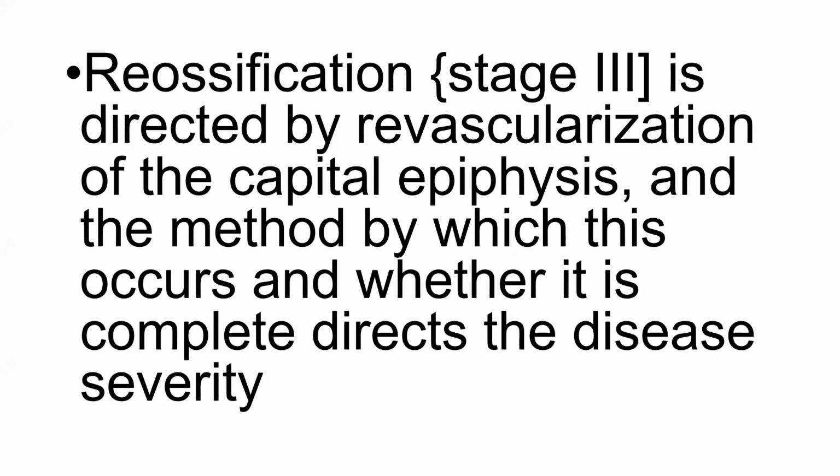Now, at this point, I would like to mention something. Maybe you might find it out of topic at this present moment. You have to realize that Legg-Perthes disease is an avascular process. It does not occur from one attack alone of avascularity. It occurs from several attacks.